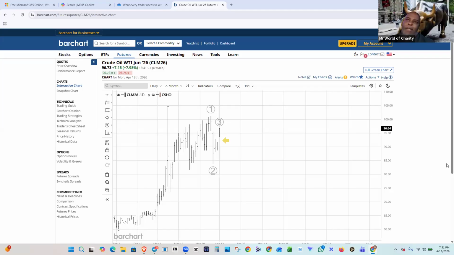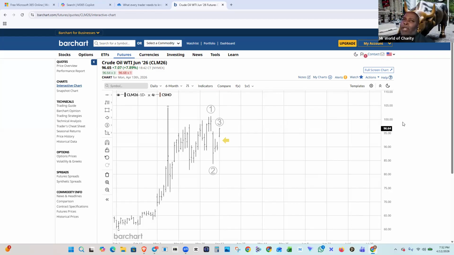Very well. Now, in this particular case, the market traded back up from support. And as Johnny pointed out, it traded back up toward resistance, which is the number one, but did not trade and exceed past the number one. It leaves a number three, which is a second level of resistance.